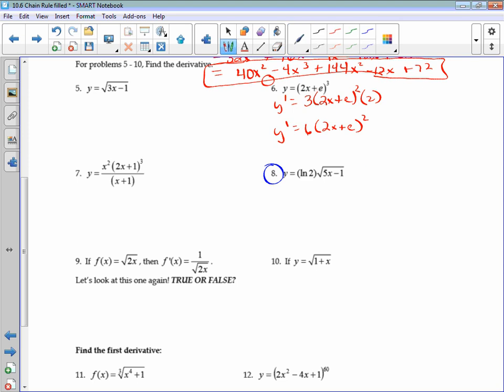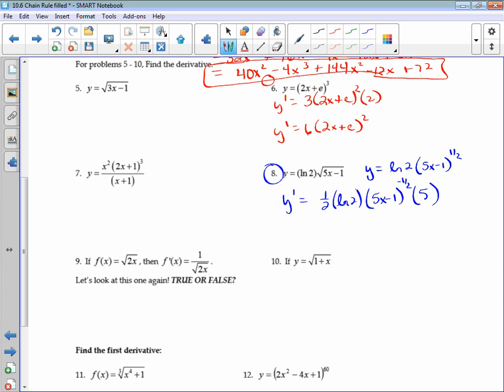So I would start just by rewriting, like think about your original as that, okay? So then the exponent times the constant that's there is just still there, that's fine. 5x minus 1 to the negative 1/2.